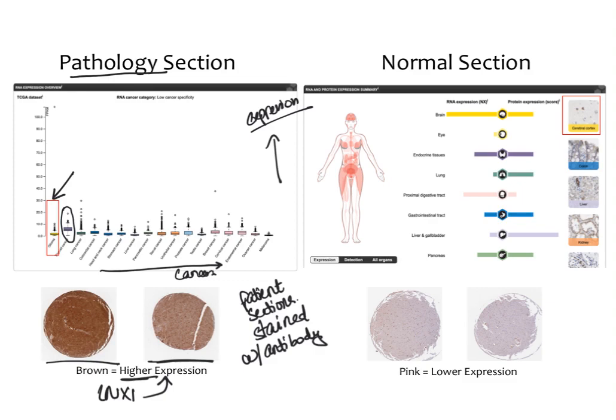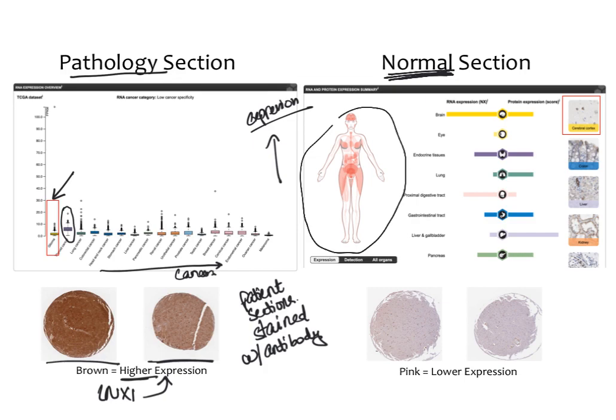You also might want to compare these to normal, right? Because if your gene is just expressed highly in glioma, but also expressed highly in normal, then it's not really changing in GBM. So you want to always go and compare this to normal expression. So for normal, if we clicked on the blue part of the previous slide, which is our normal, then we would get this diagram. So this diagram shows you sort of a human figure, and then it shows you all of the different tissues available for you to look at.